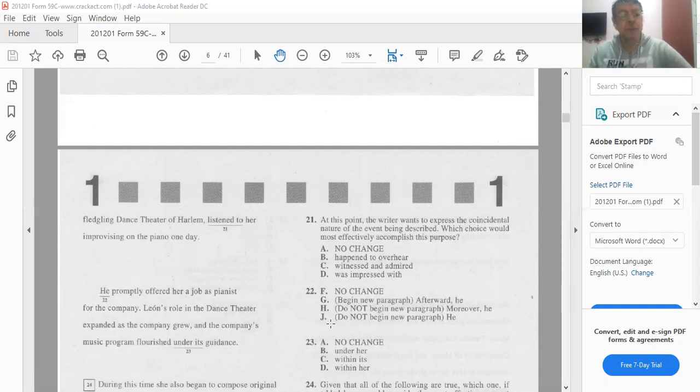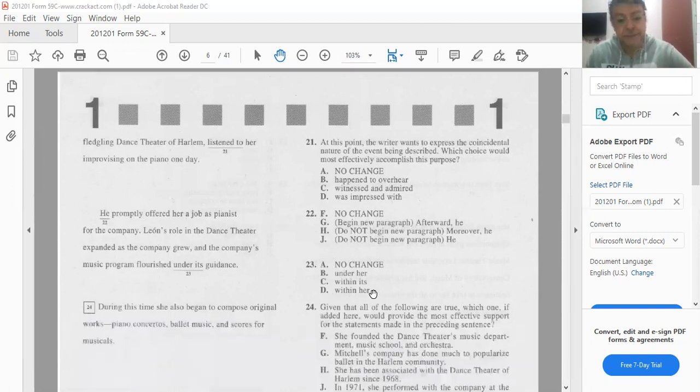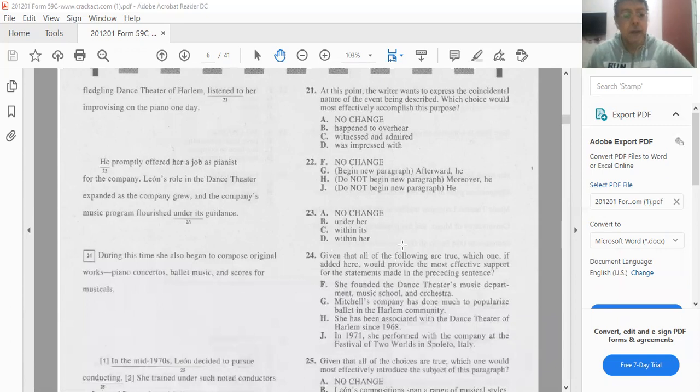All right, so let's move to 23. Leon's role in the dance theater expanded as the company grew, and the company's music program flourished under its guidance.